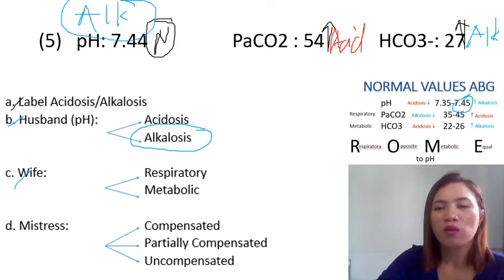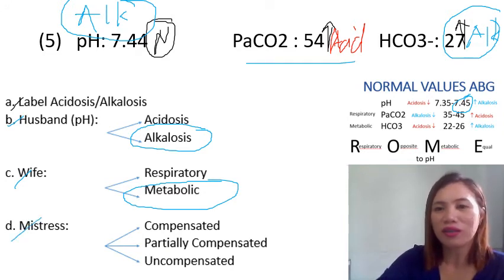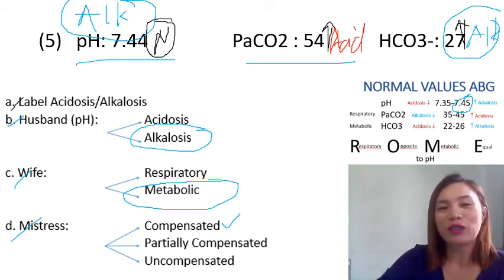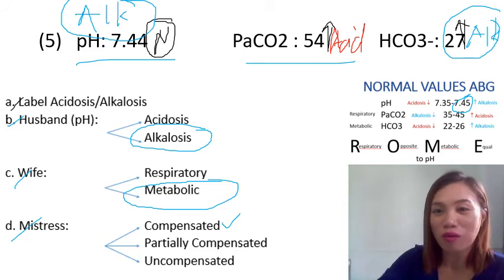The one that is the same as your pH is your bicarbonate, the metabolic portion. Let's look at the mistress, the carbon dioxide. Is it compensated? Yes, it's compensated because your pH became normal.